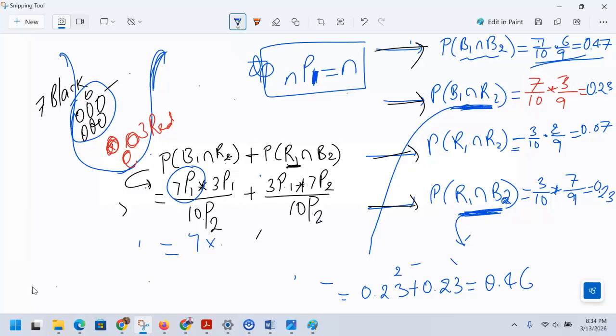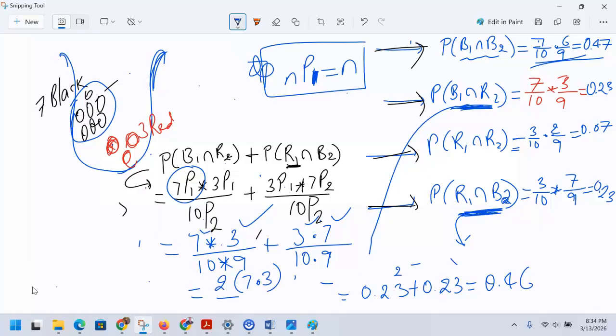So this is like 7 times 3, and the bottom one, remember, can be written as 10 times 9 because there is 2. And the same thing here, it is 3 times 7, so it is like 10 times 9. And you can see that this 7 and 3 are the same. So basically it is 21, or it is 2 times 7 times 3 divided by 90. Both the denominators are the same, so you can write it like that, and use the calculator to get the answer. So the understanding piece is why this is 2 here.